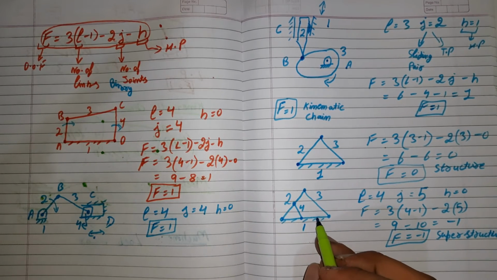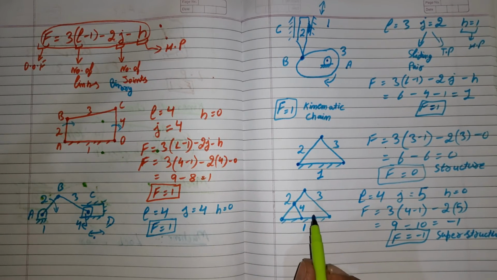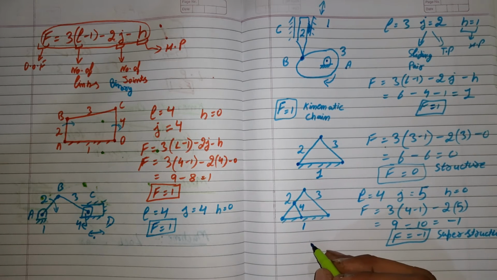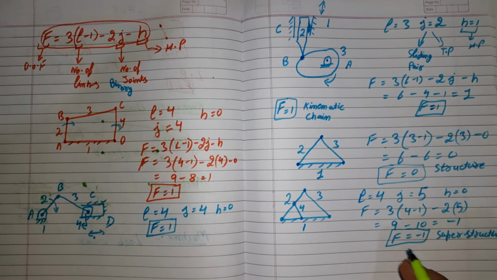Here motion is not possible. Bridges and buildings are all superstructures. Their degrees of freedom is a negative value. As the negative value of degrees of freedom increases, it means a superstructure is there.